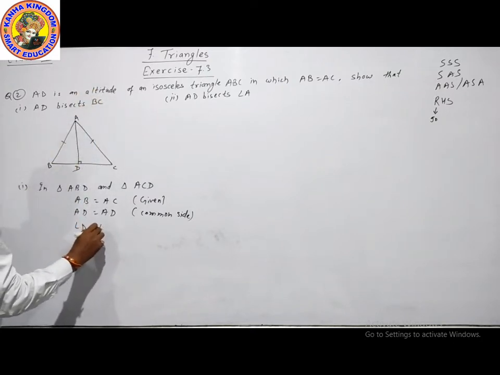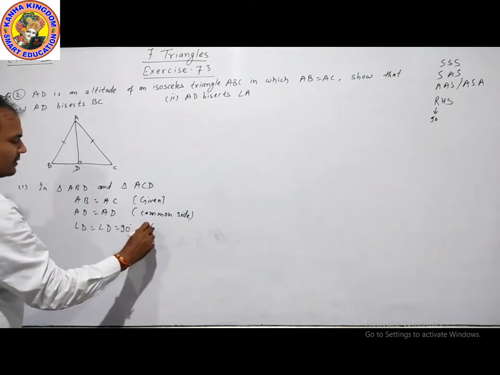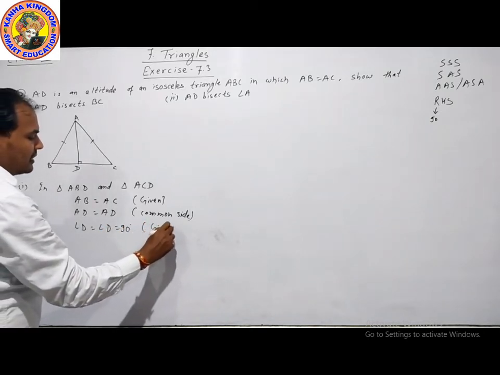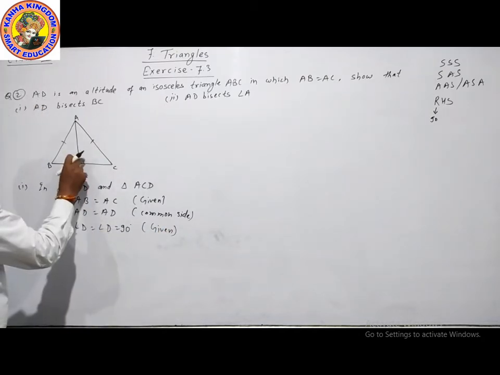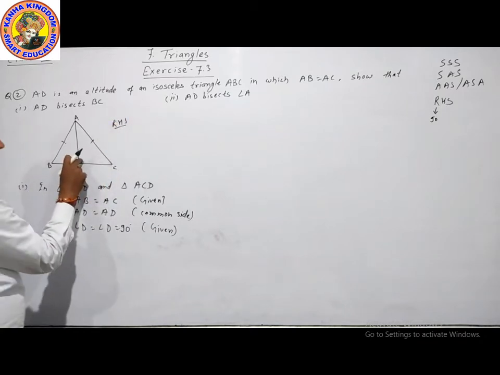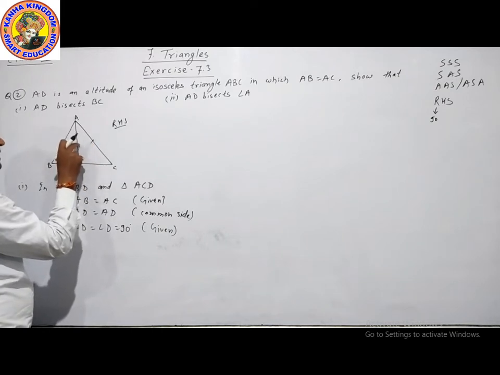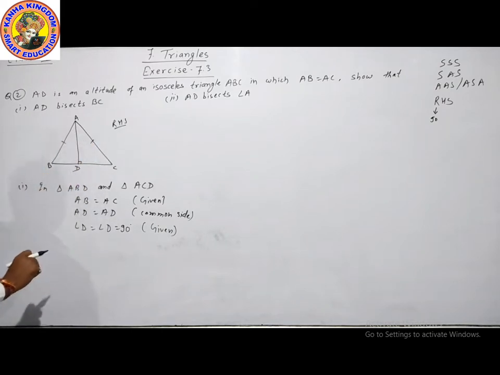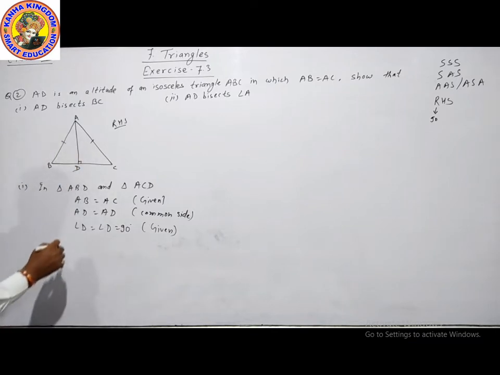Angle D is equal to 90 degrees, which is given in the question. So this is our right angle in the RHS rule. This is our right angle, this is our hypotenuse, and we take one side. So using the RHS rule, these two triangles are congruent.